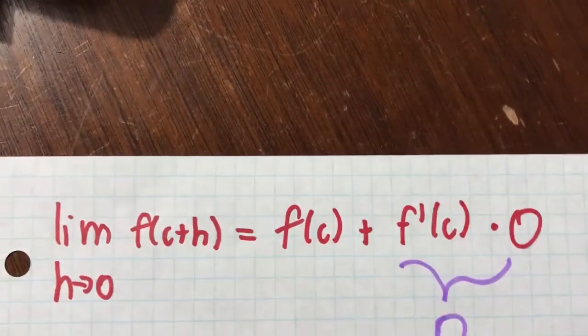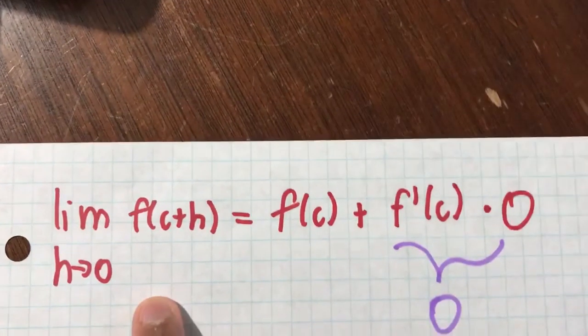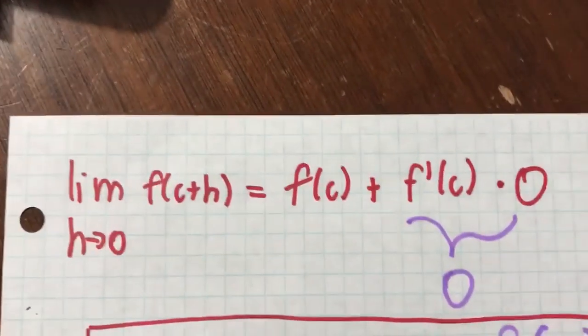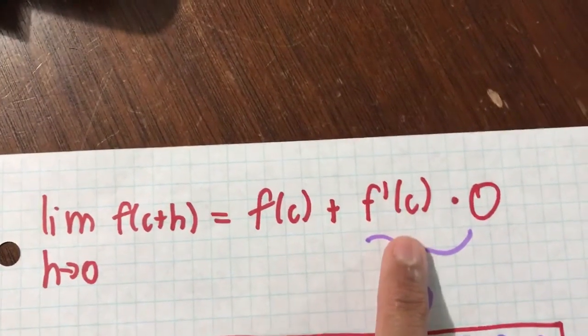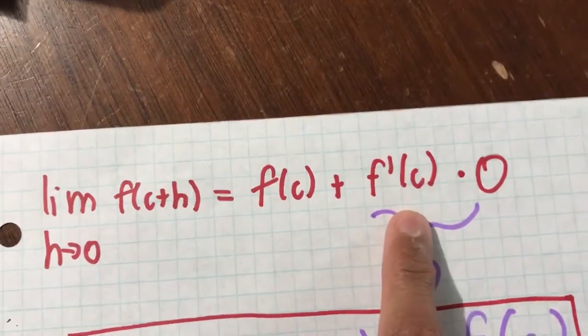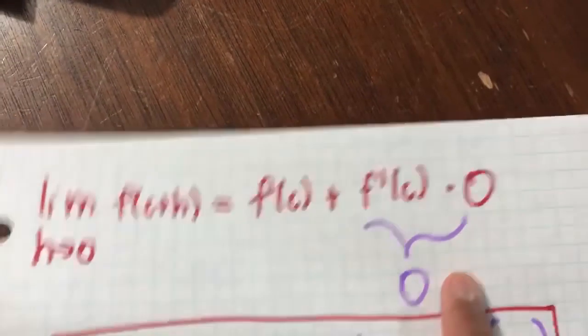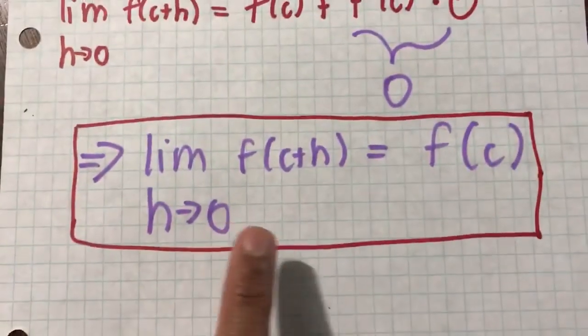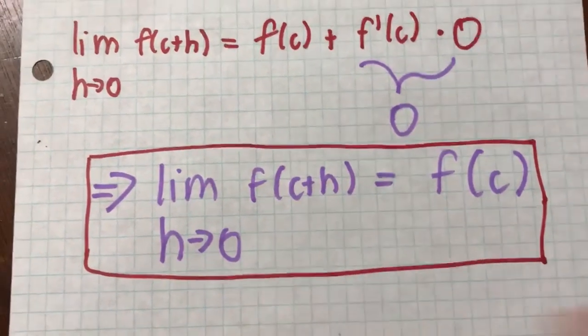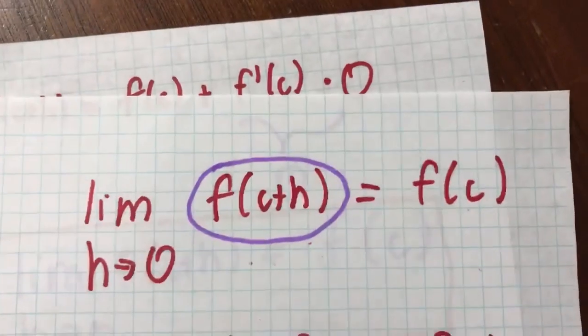Retaking the original expression, since we did not work with this one, we can say that it is equal to f of c plus the derivative of f at c times 0. Now this product is equal to 0, so we're only left with this expression, which is what we wanted to prove at the beginning of the theorem.